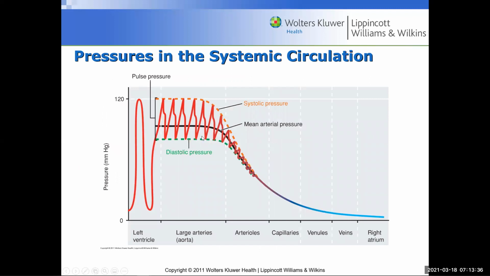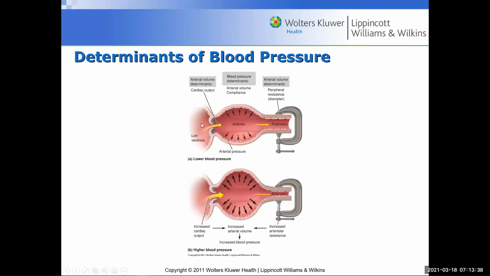All right, and this shows then the pressures associated with the systemic circulation. So in terms of determinants of blood pressure, the arterial blood pressure is determined by two major things. One is the blood volume, and the next thing is vessel compliance.